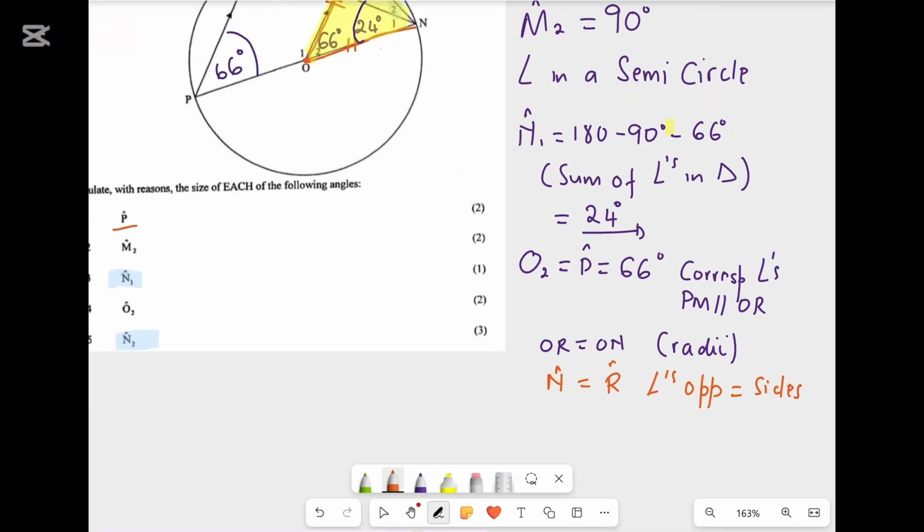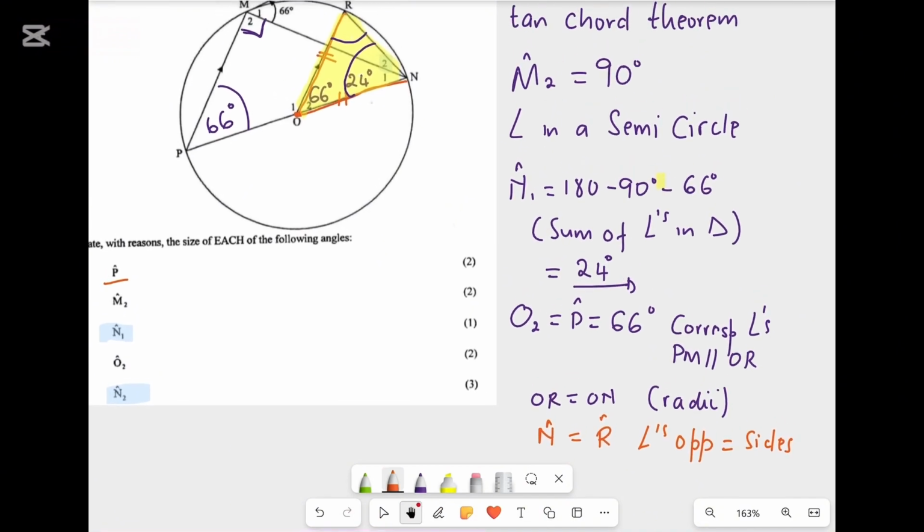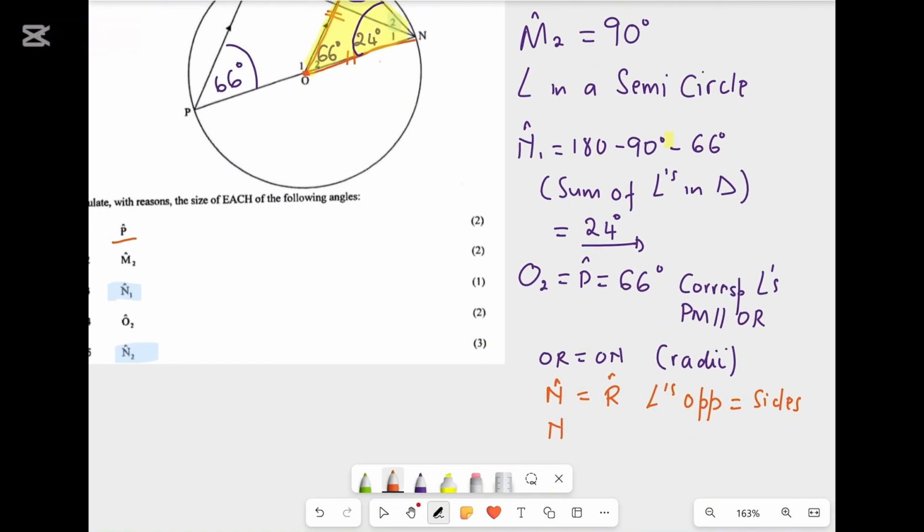And then from here, we can just say angle N is equal to 180 degrees minus angle O2, which is 66 degrees, over 2. This is angle N as well as angle R. They are equal to 180 degrees minus 66 degrees divided by 2. So this will give us 57 degrees.